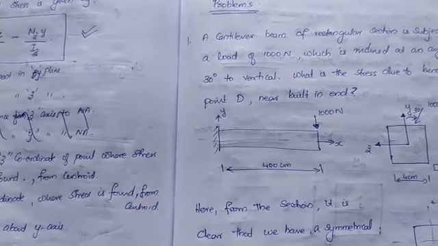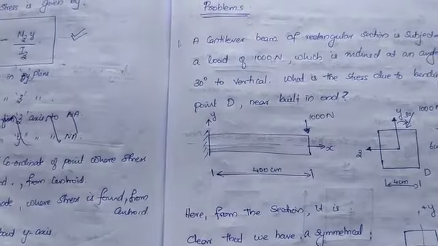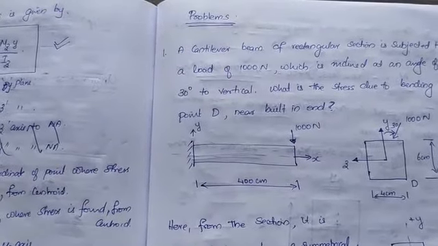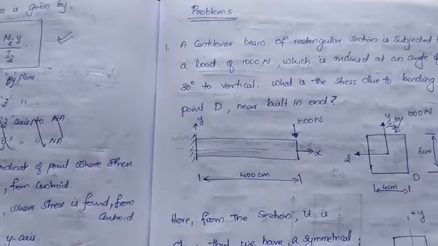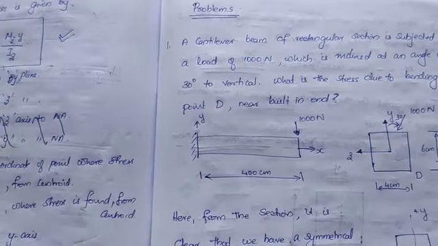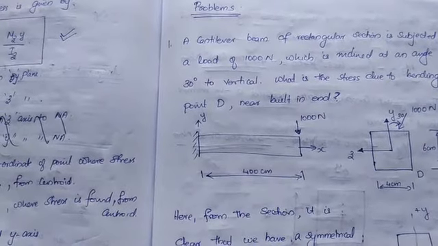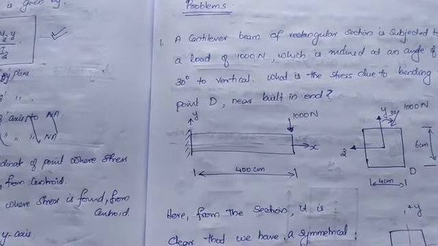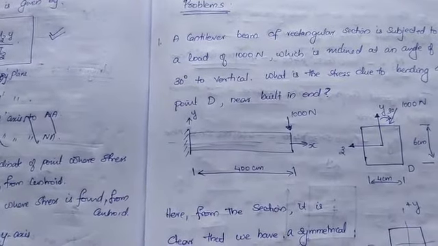Now, a cantilever beam of rectangular section is subjected to a load of 1000 Newton, which is inclined at an angle of 30 degrees to the vertical. What is the stress due to bending at point D near the built-in end?